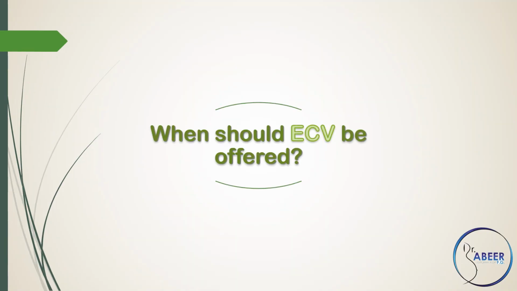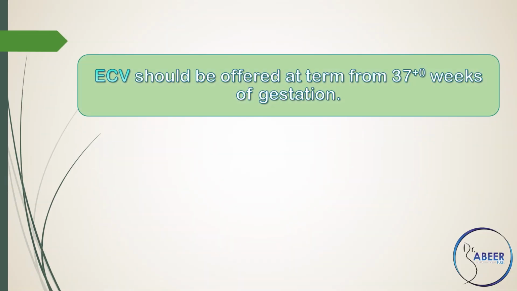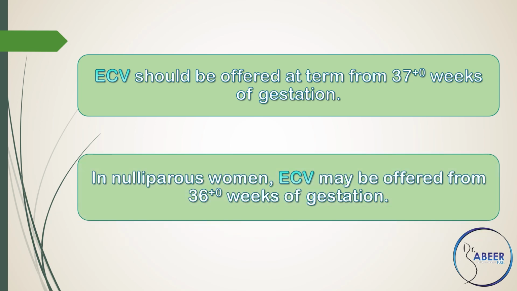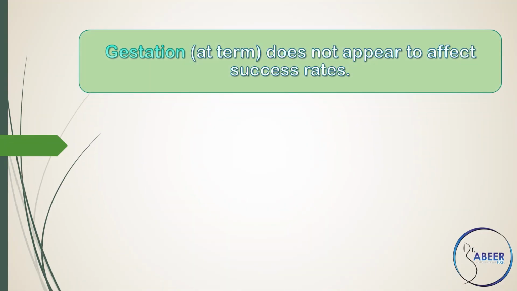When should external cephalic version be offered? ECV should be offered at term from 37 plus 0 weeks of gestation. In nulliparous women, ECV may be offered from 36 plus 0 weeks of gestation. Gestation at term does not appear to affect success rates.